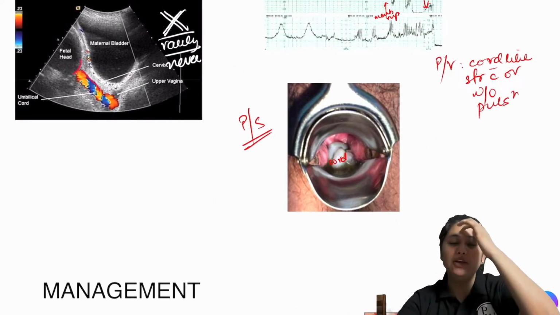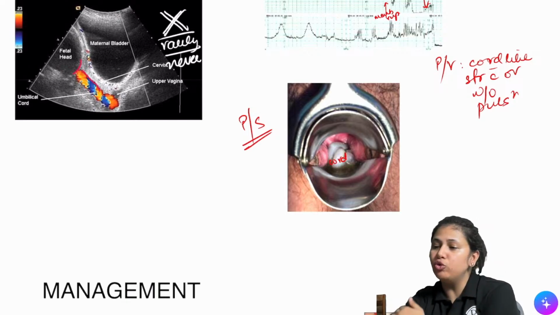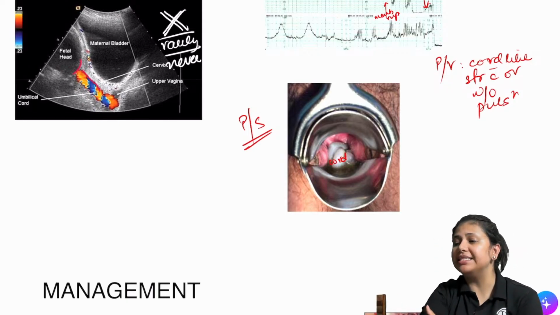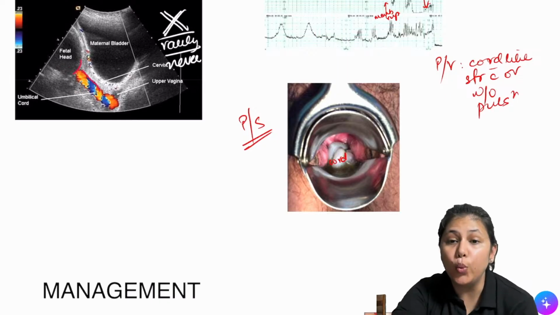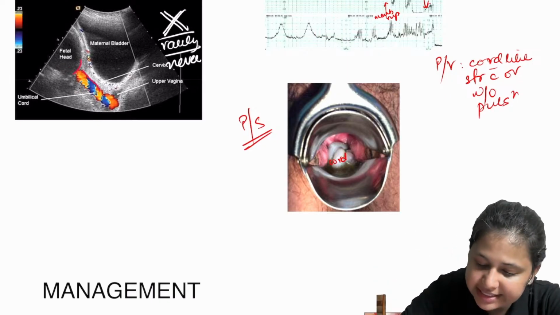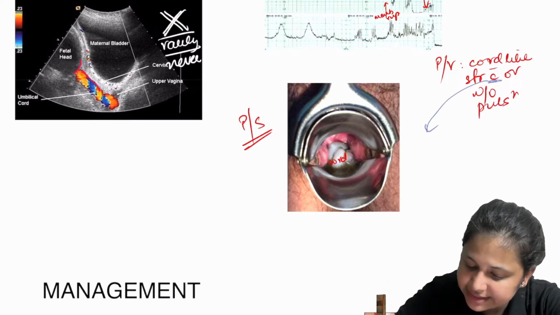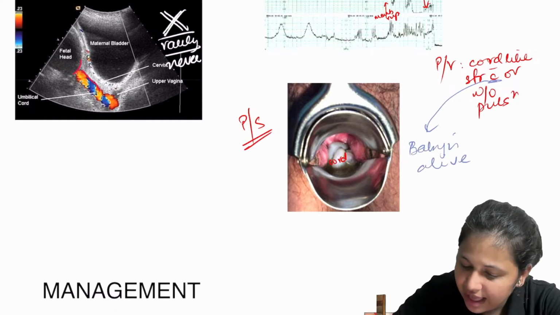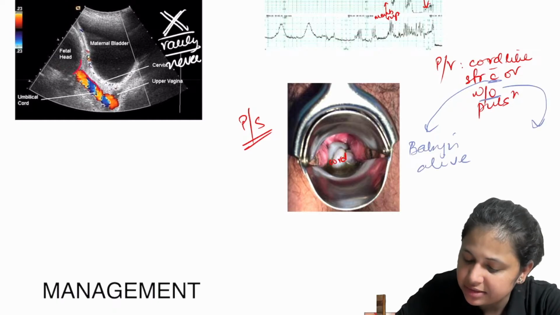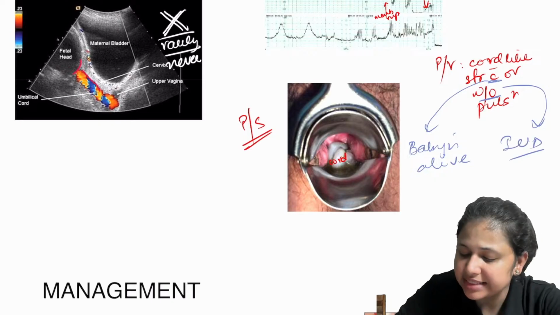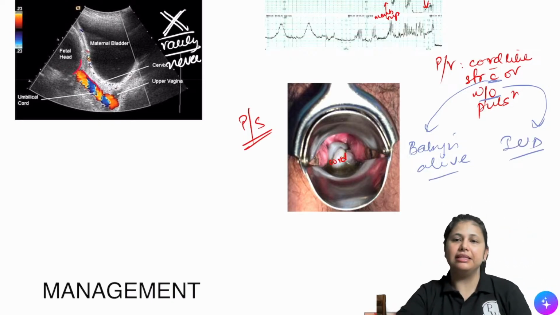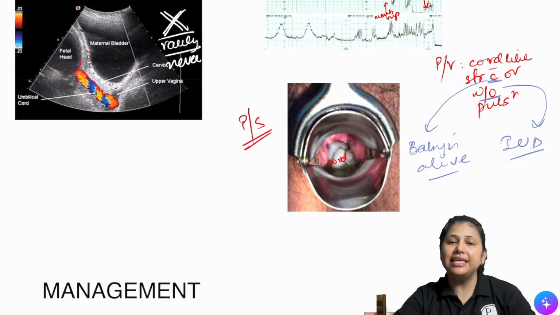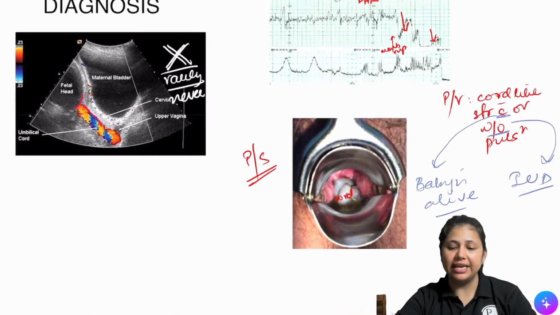When I say you might feel a cord-like structure with or without pulsations, what does this mean? With pulsations means baby is still alive. And without pulsation means what? The baby has already died. Right? So this is how you will diagnose it.